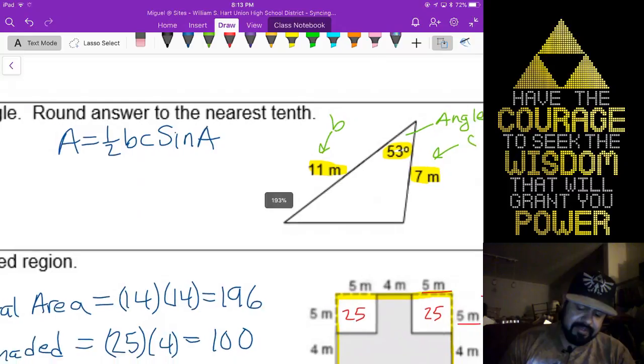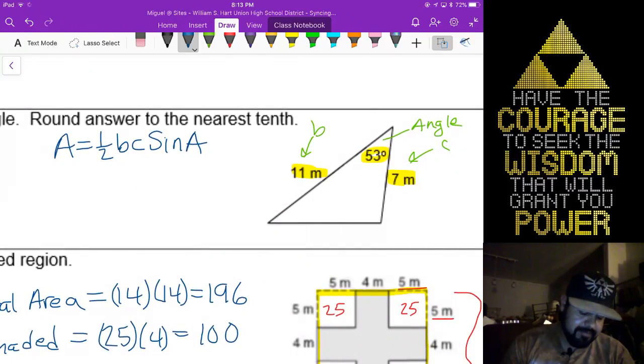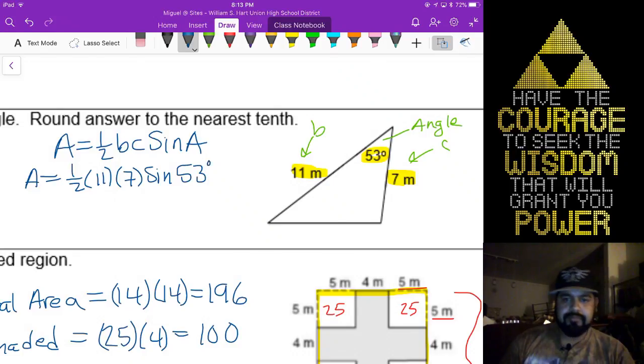So what we're going to do there, just plug it in. Sassy triangle. Yes, it is a very, very sassy triangle.